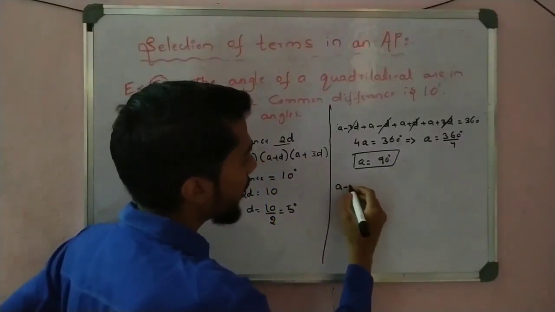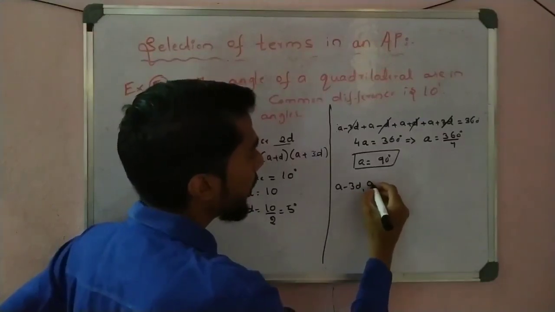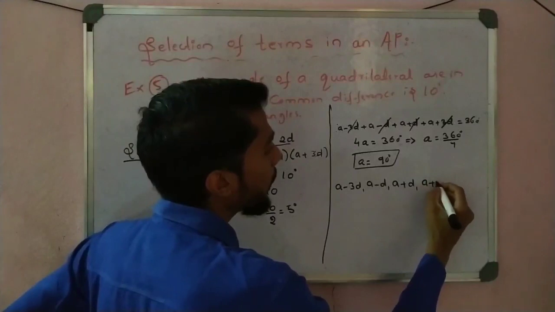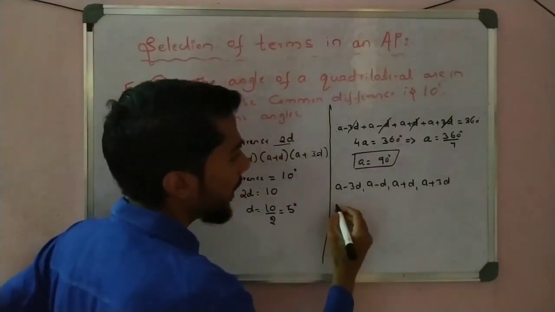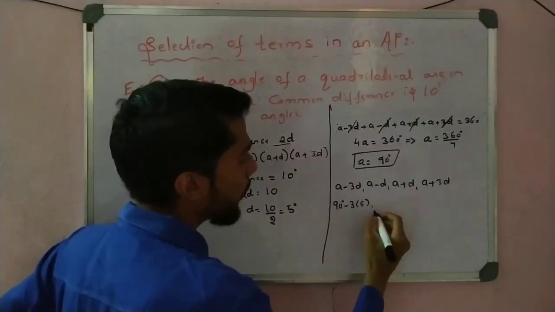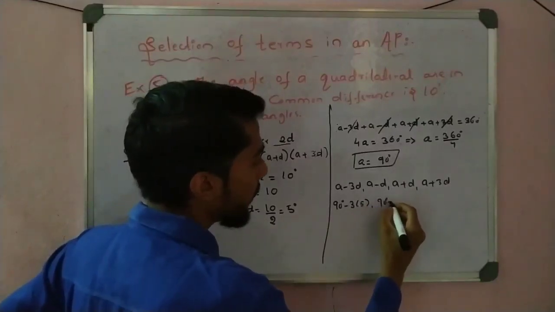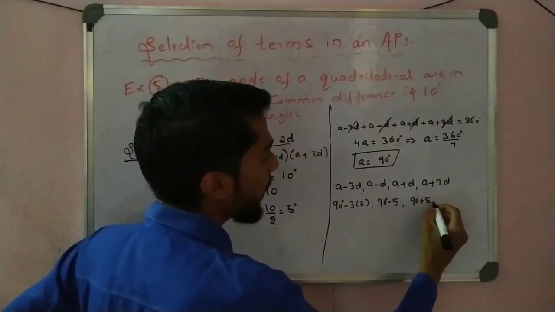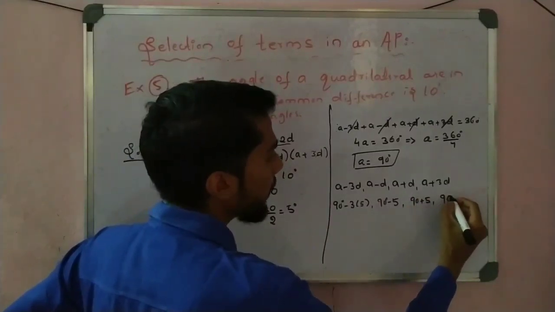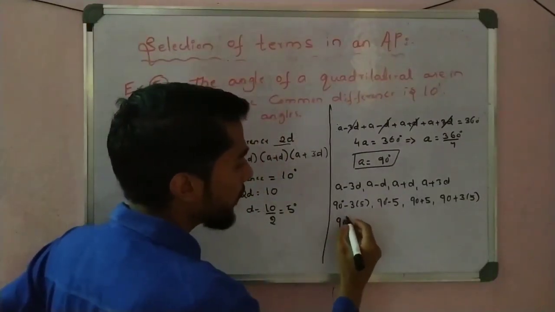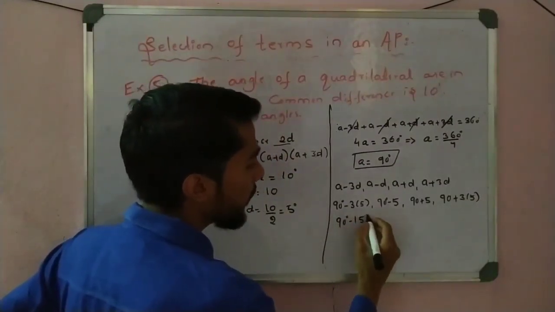So that is a minus 3d one term, a minus d second, a plus d, a plus 3d. First angle, see, a is equal to 90, minus 3 times 5, d is equal to 5, then 90 minus 5, 90 plus 5 and 90 plus 3 times 5.